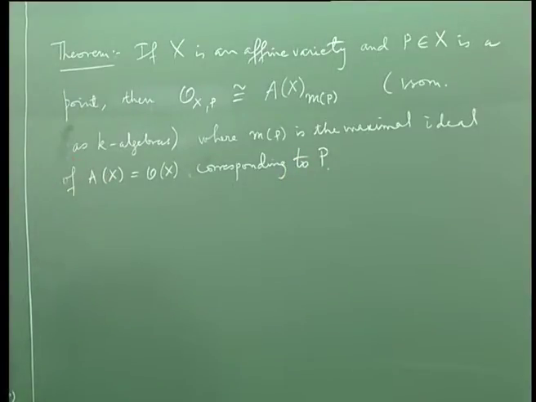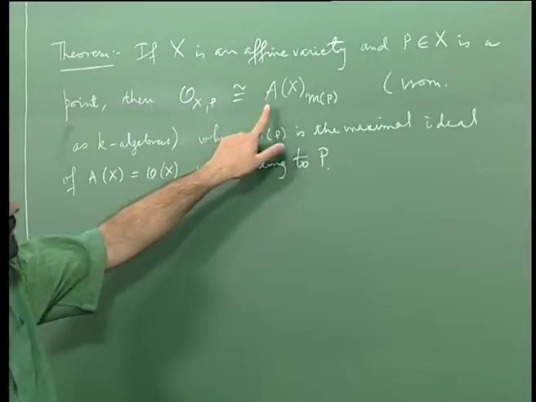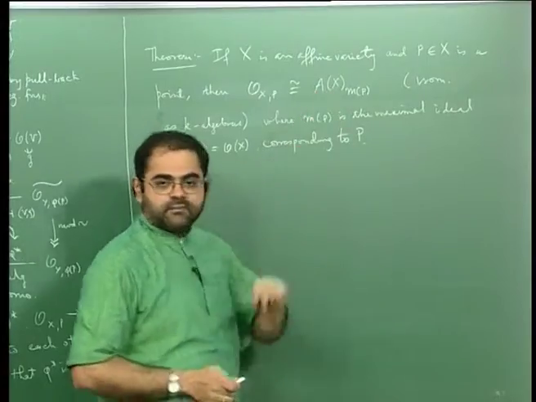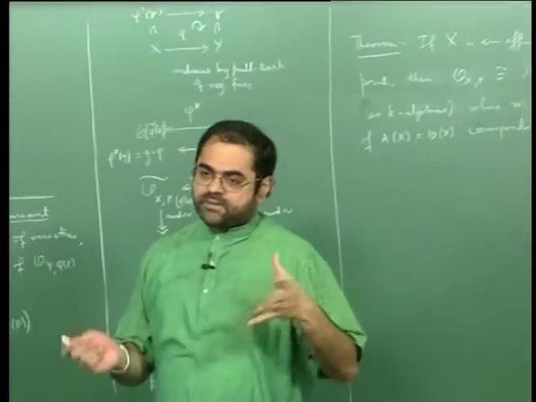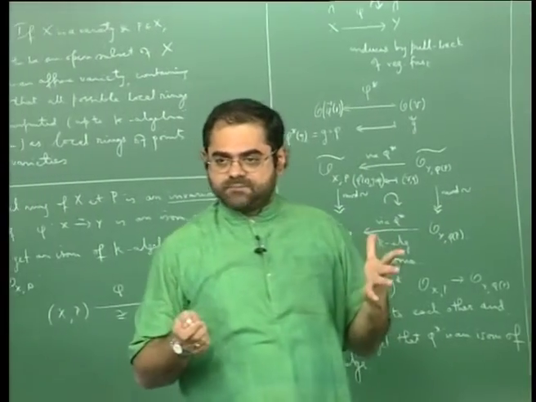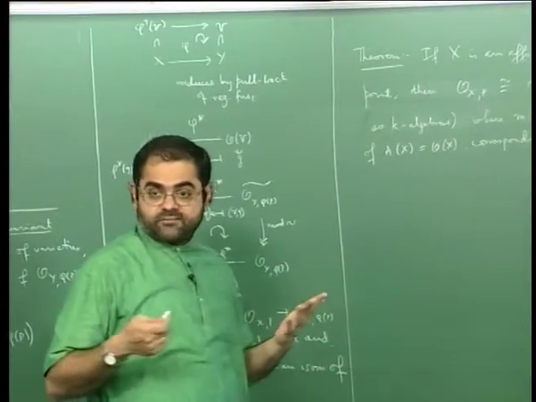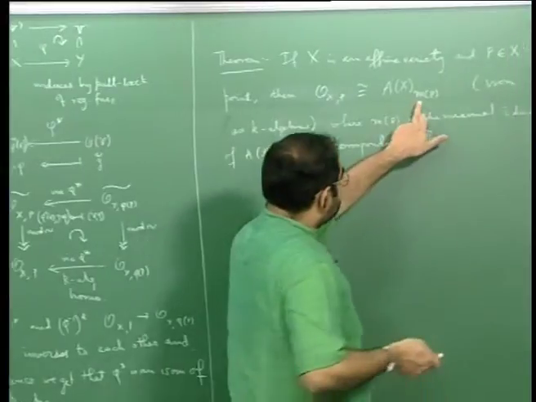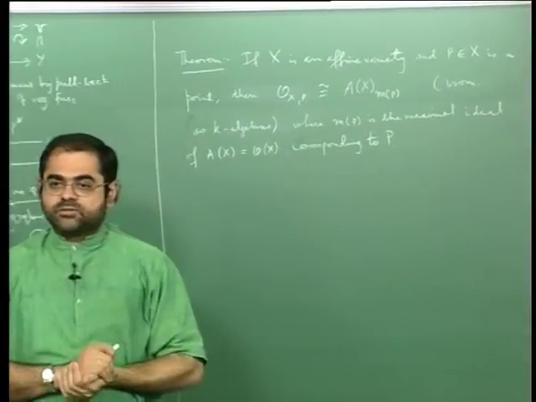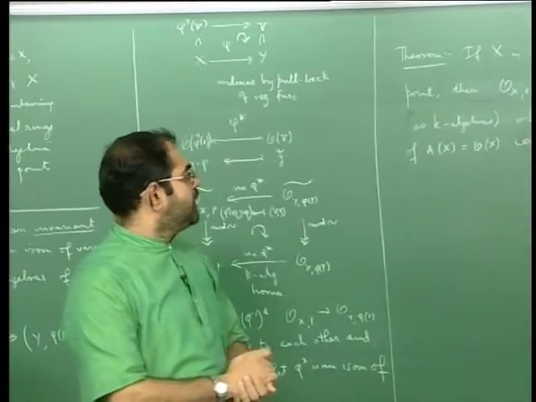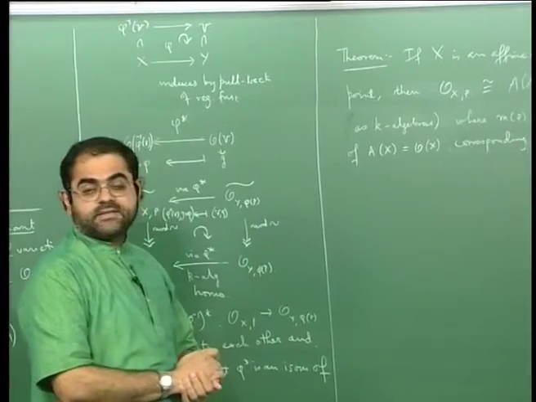So here is the formula for the local ring at a point of an affine variety. The local ring is gotten by taking the affine coordinate ring of the affine variety, which is also the same as the ring of regular functions, and then you localize at the maximal ideal that corresponds to this point.